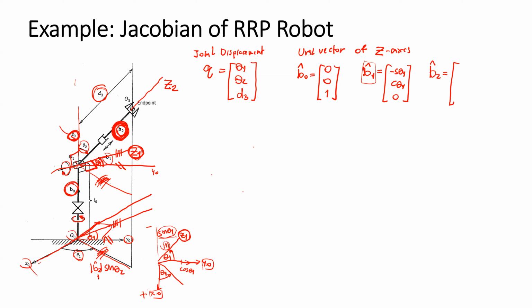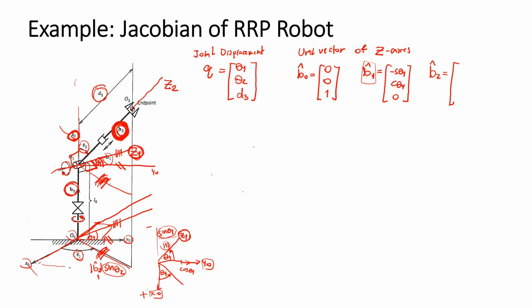So by projection from the top view, b2 will lie on the same line on the horizontal plane x0, y0, and the length of this projected component will be sine theta 2.